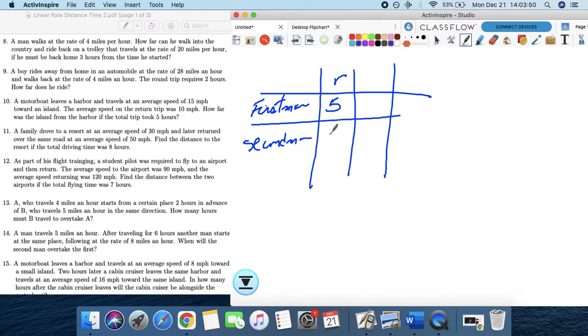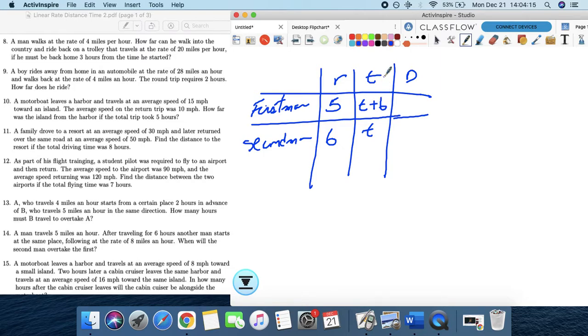The second man travels 6 miles an hour, but starts 6 hours later. So the first man has a time of t plus 6 hours, a head start advantage. Okay, and the second guy is just t, right, to compensate for the advantage that he has. What do we want in this question? We want when will the second man overtake the first.